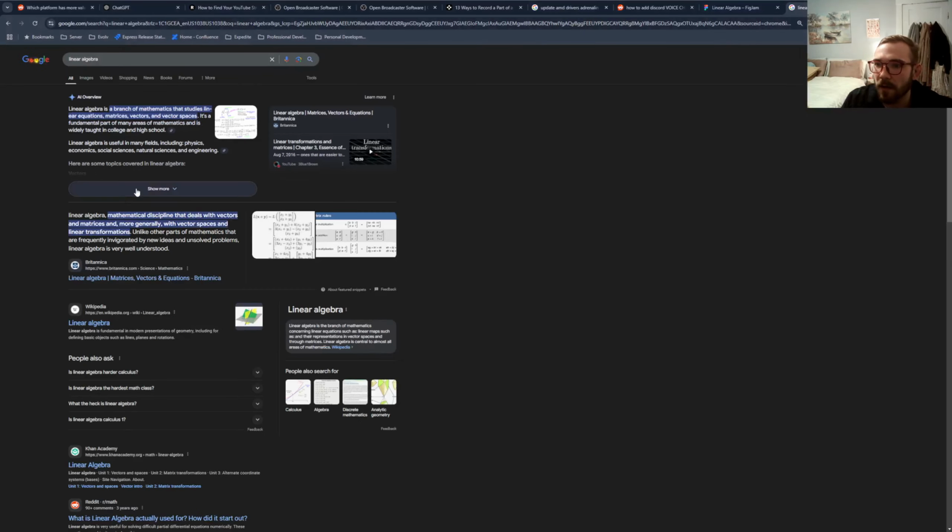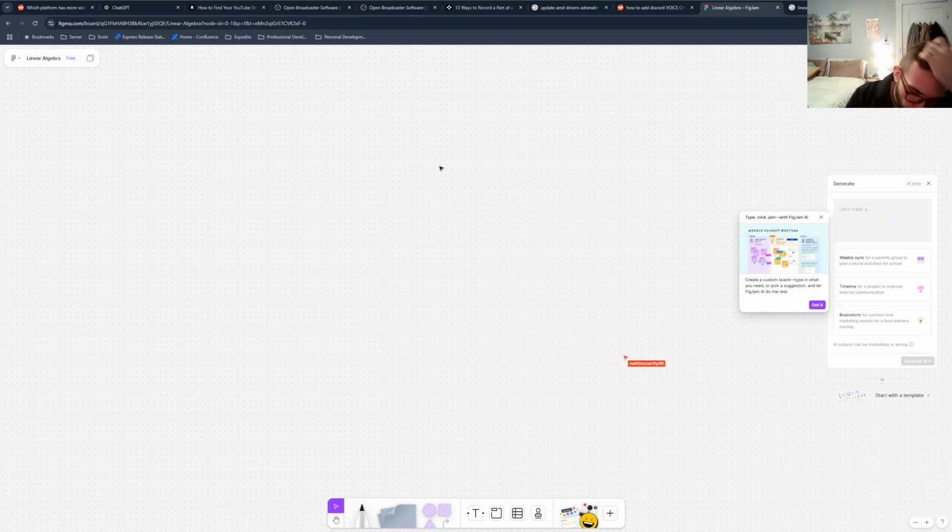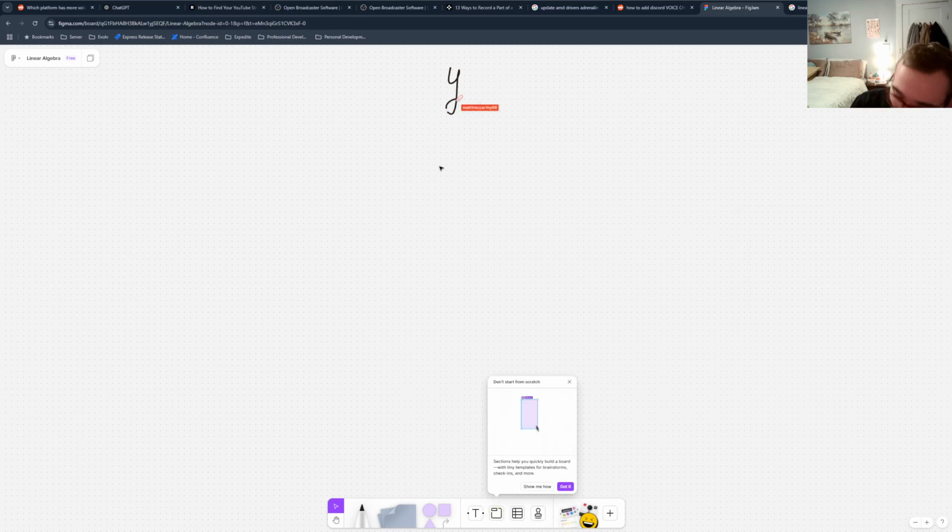And it's all about systems of equations, kind of like when you were in regular algebra, right? And we learned about maybe like y equals 2x plus 1.